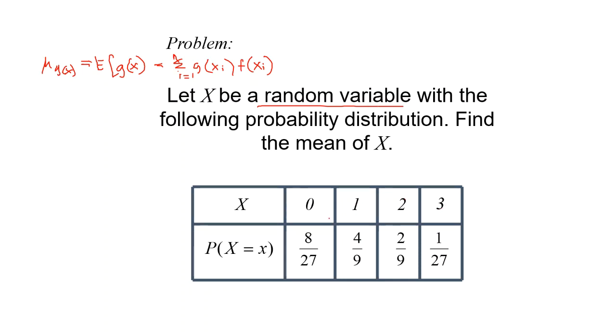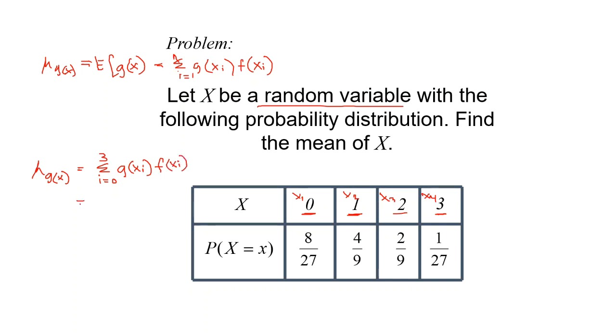So it starts with 0 and ends with 3. That is our g of x sub i. And again, f here is just the probability of our x sub i.